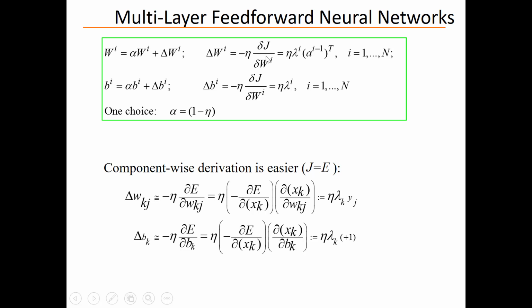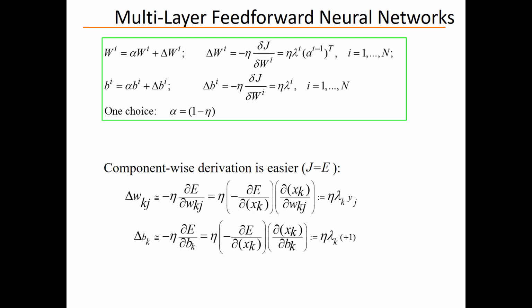Okay? What I have for you here, if you want to dig in on how to derive this, the easy way of going about it: this is a scalar J and a matrix at layer i. If you're really sophisticated in linear algebra, you could just do things in vector matrix calculus.